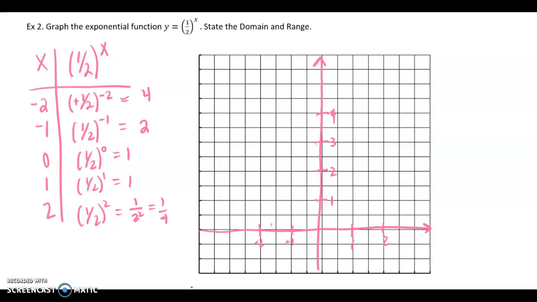Alright, and let's go ahead and graph this. So (-2, 4), (-1, 2), and then (0, 1), (1, 1/2), and then (2, 1/4).